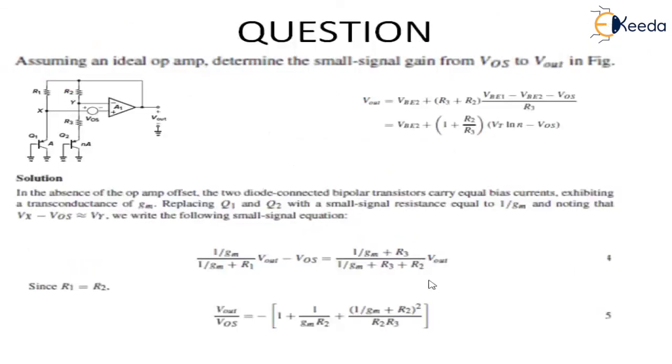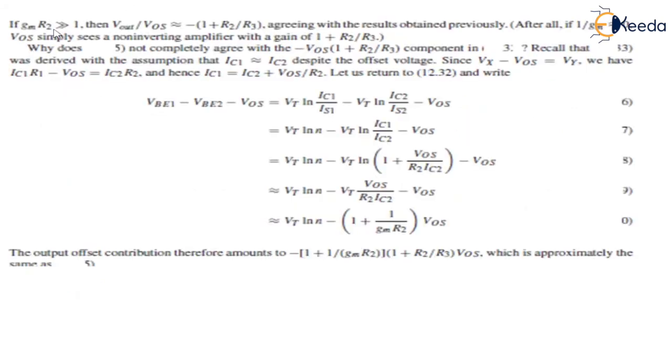In this equation, equation 3 was derived taking IC1 equal to IC2, that is, the collector currents in both branches are equal despite the offset voltage. So let's consider this effect. Vx minus VOS is equal to Vy.